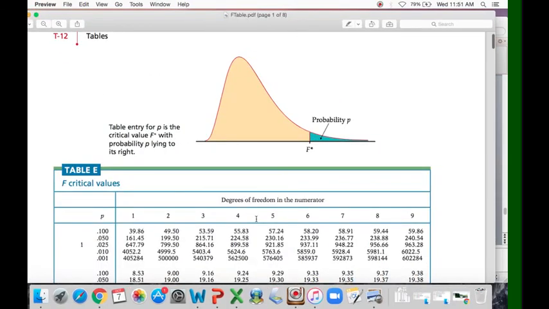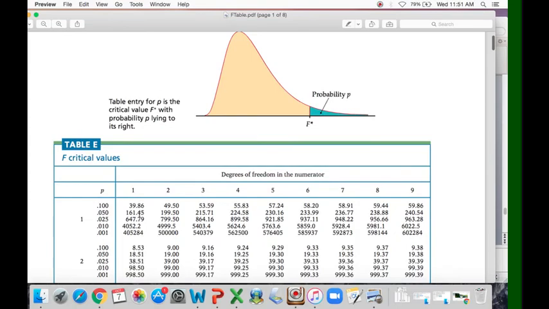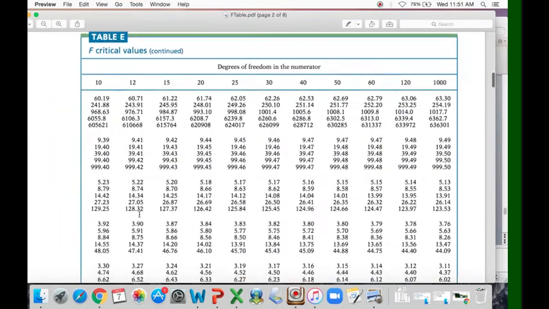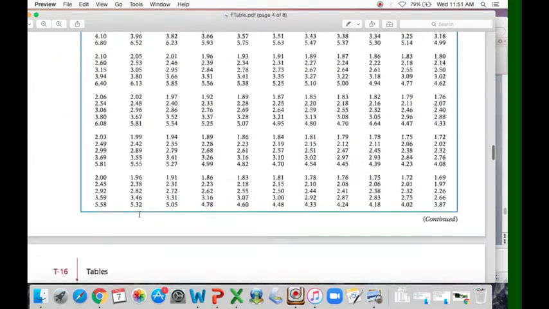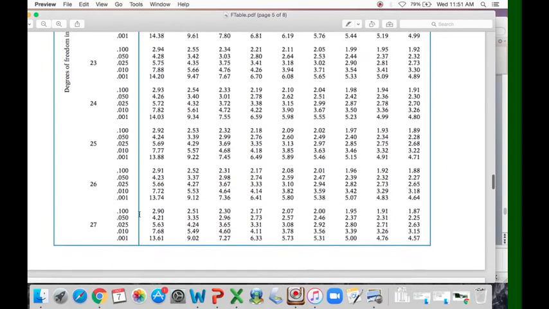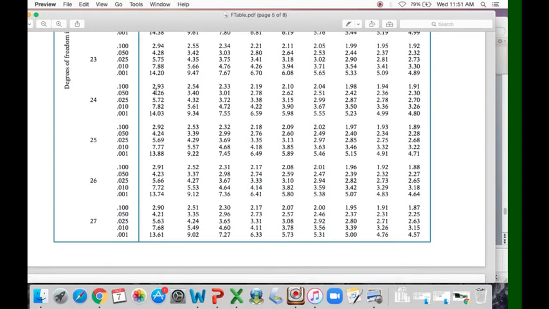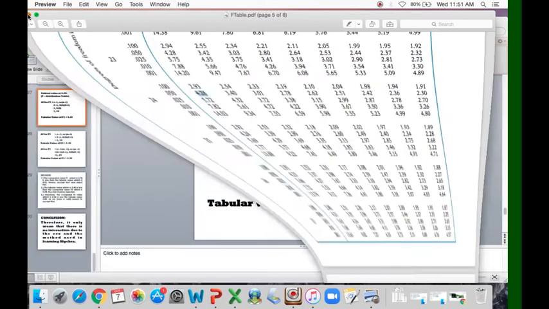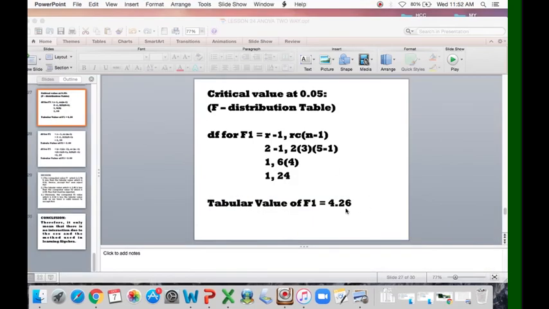So for the numerator, we have 1. For the denominator, we have 24. So we will look for the number 24. I hope there is 24 here. Okay, there's 24. Then the 1. And then the given is 5%. So the critical value is 4.26. I hope I'm correct. 4.26 is the critical value for this one. So let's see. 4.26 is correct.